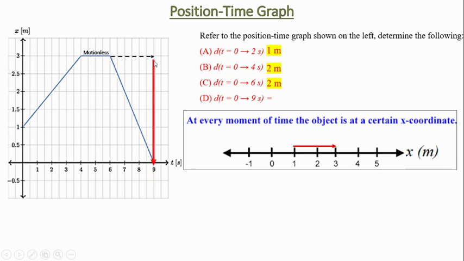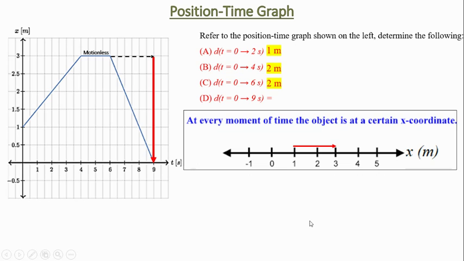Then at that location, if I draw an arrow all the way down here, where 9 seconds represents, and I go all the way across to my vertical axis, that would be at the origin, which suggests that the object's position is now 0. So you notice here there are red arrows pointing down, which suggests that the object has gone backward.